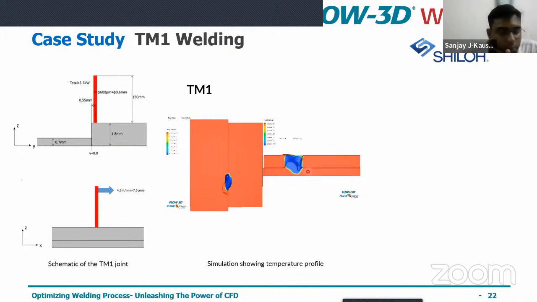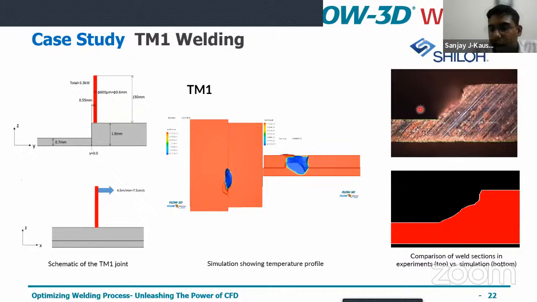If you see here, the solidification always starts from the back side, because the laser front is going in the front, and there are no heat sources providing constant heat at the back of the simulation. So the metal itself is absorbing a lot of heat and releasing it to the atmosphere, or the shield gas pressure could also carry a lot of heat as it travels because it has some kind of pressure and velocity.